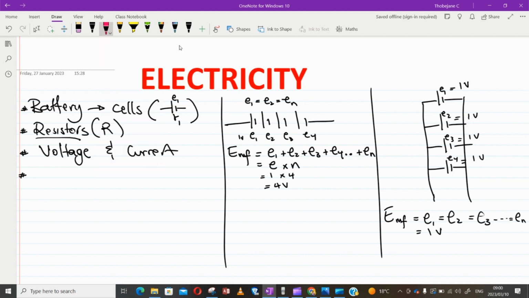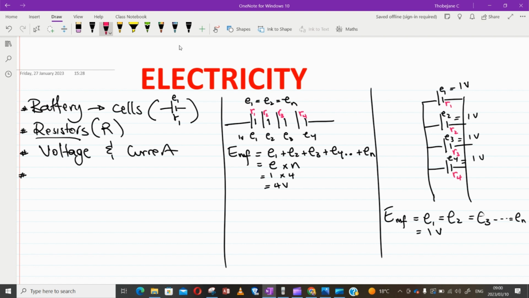Now, let us say E1 has an internal resistance r1, r2, r3, and r4. Same applies here. You have r1, r2, r3, and r4. The laws of Ohm state that, as we spoke, series connection we share the same current but different in voltage.